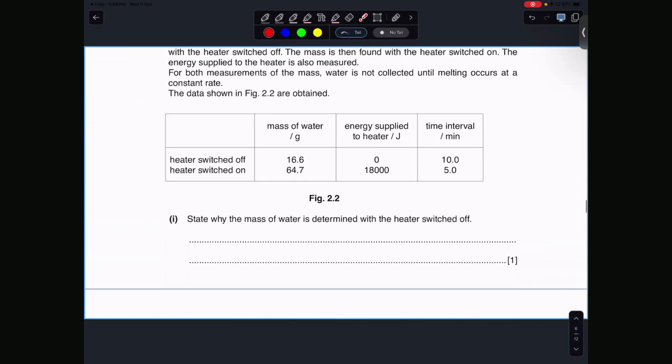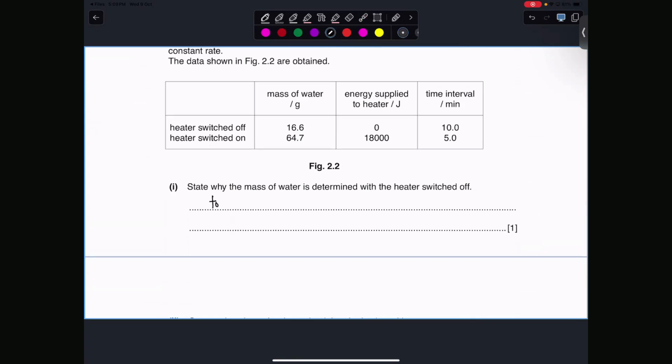This is basically why do you need to keep the heater off? Determine the water that melted due to the atmosphere.